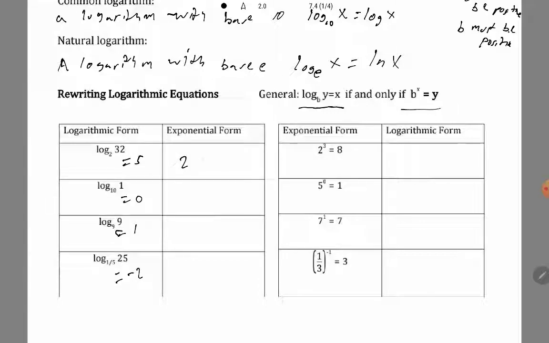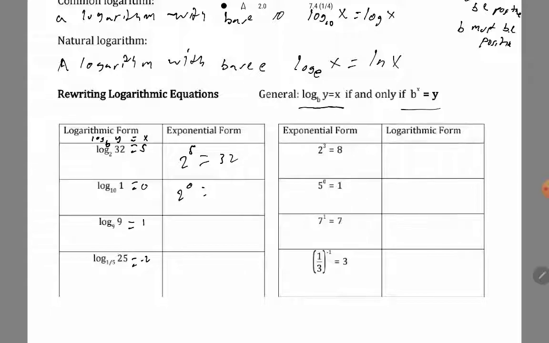So this is the base to the x power. Okay. X is this. So this is y, and then we have a log of base b. Okay. So 2 to the 5 equals 32.